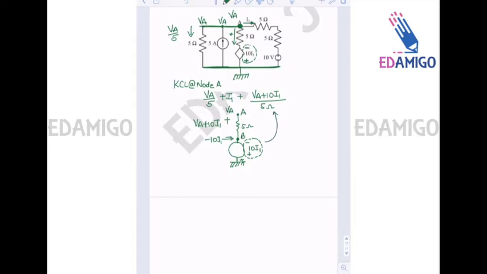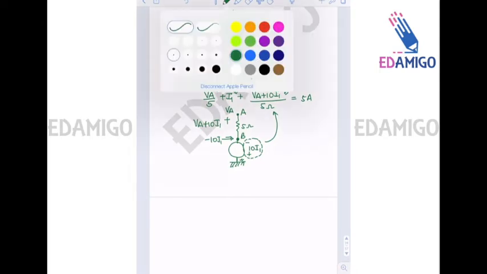Now, this is the outgoing current in this branch, this is the outgoing current in this branch, and this is the outgoing current in this branch, and there is one incoming current that is 5 ampere. So this is the equation, right? Now one more point.